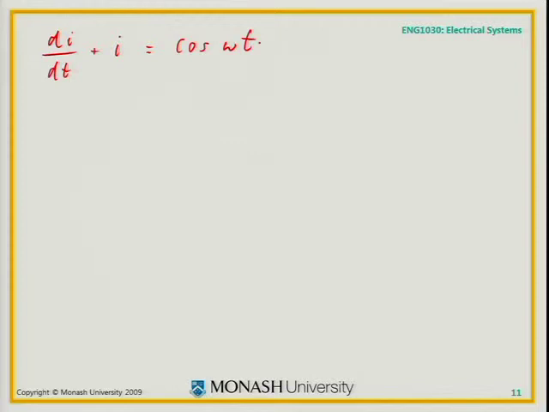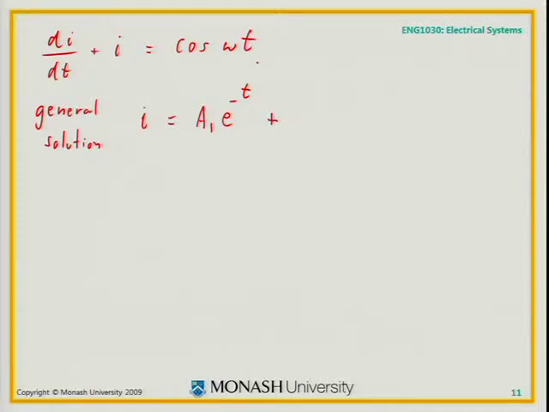Does anyone know what the general solution will be for that? So the general solution: it'll have a transient component with time constant 1, so it will have an A1 e to the minus t term. As I said, we're really not that interested in that for our analysis in this lecture.